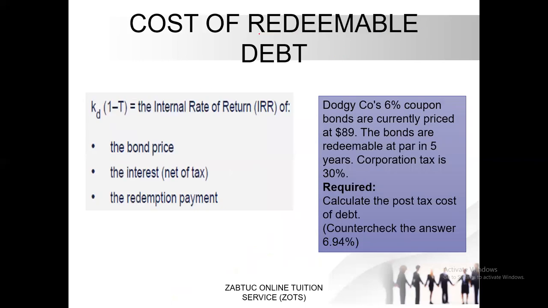What if the bond is redeemable? If the bond is redeemable, we do an internal rate of return of the bond price, the interest that you receive, and the redemption amount. So we do an internal rate of return computation.